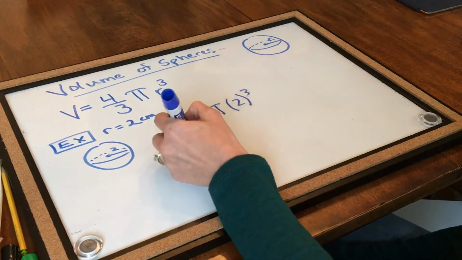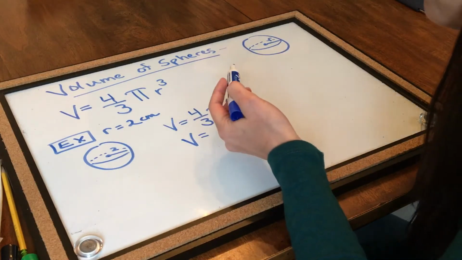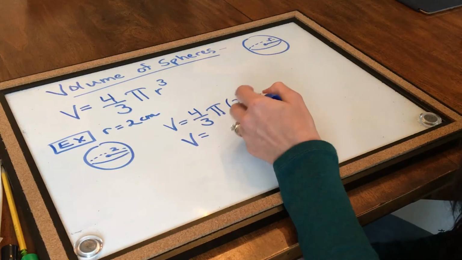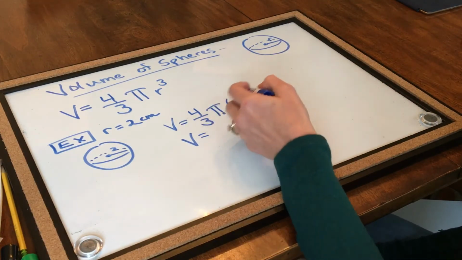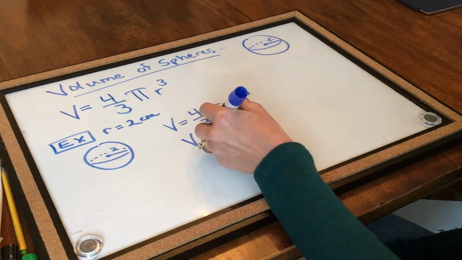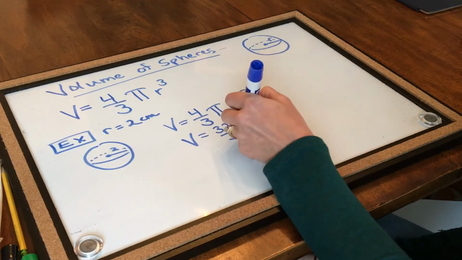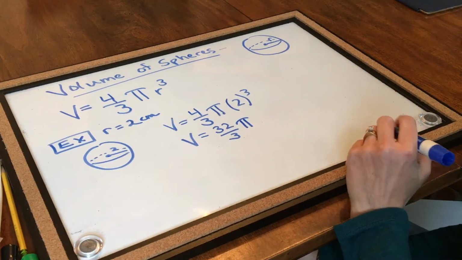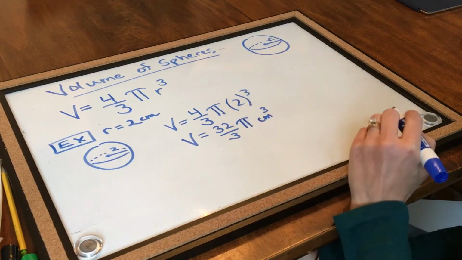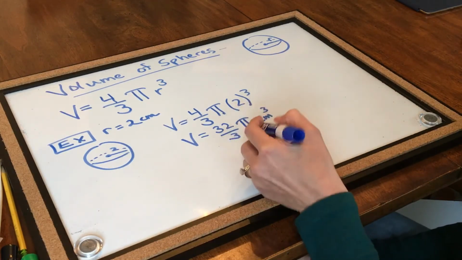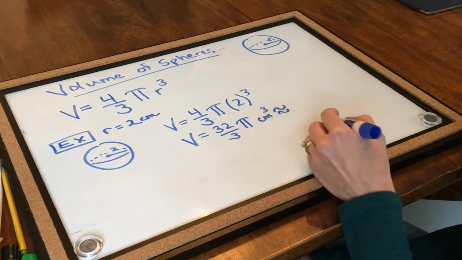This is going to give me an interesting fraction, and that's okay. 2 cubed is 8, that's 2 times 2 times 2, and 8 times 4 is 32. So I end up with this interesting fraction, 32/3 pi. This would be our exact answer, and we would be using cubic centimeters. But this is kind of ugly looking, so as usual, we can get an approximation by multiplying by pi.